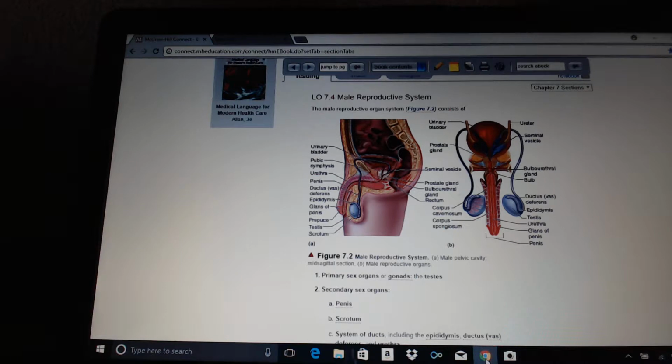But in figure 7.2 we can see the major structures associated with the male reproductive system. Of course, the penis is going to serve a dual function.